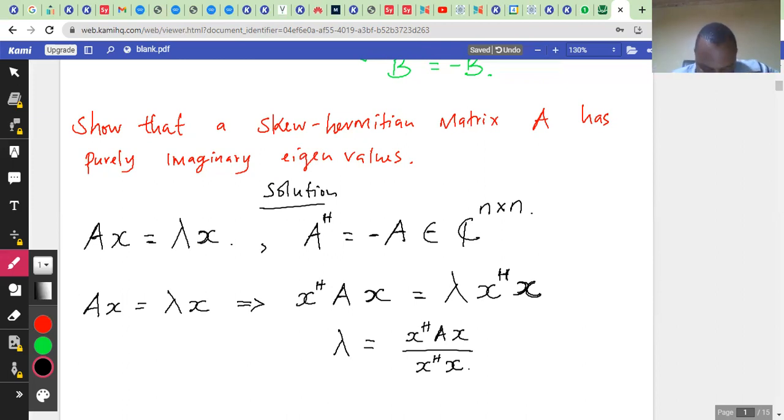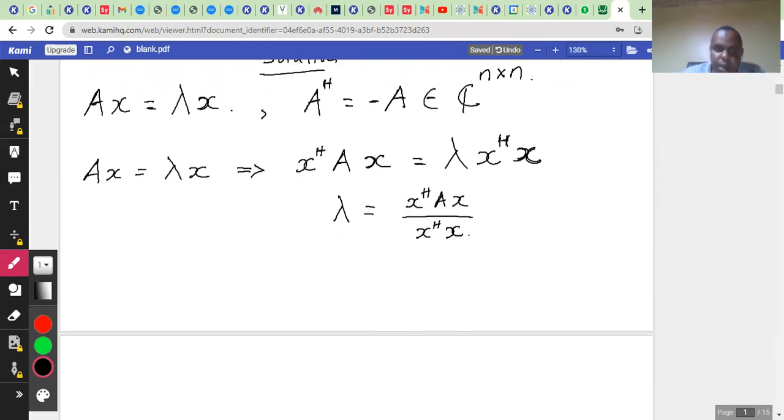Let's take an example. Let's assume X is something like 1 plus 2i, and then 3 plus i.